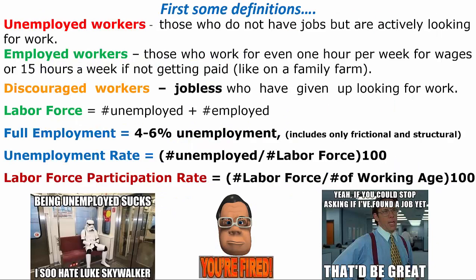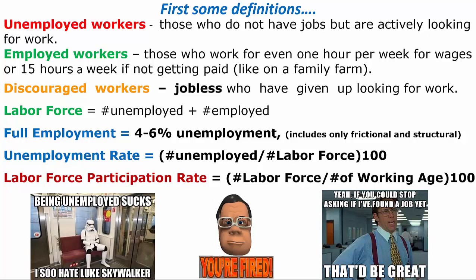So let's talk about some definitions. We have unemployed workers. Okay, those are workers who do not have jobs, but they are actively looking for jobs. So that's the key there. You have to be looking for a job to be considered unemployed. All right. An employed worker.